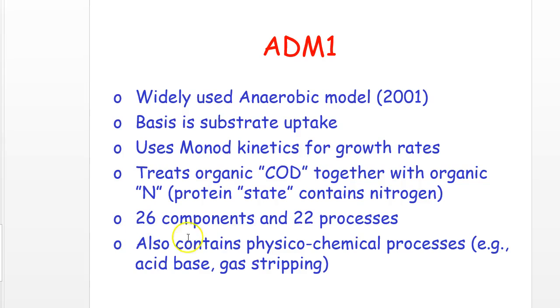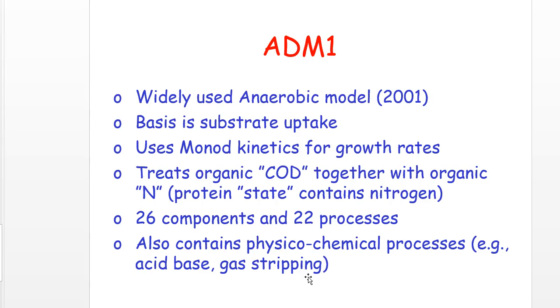It has 26 components and 22 processes, so therefore the matrix now becomes more complicated. Also, it contains physicochemical processes such as acid-base reaction, gas stripping, making it very useful at looking at, for instance, what happens to nitrogen and what kind of inhibition can you get, when will it work.